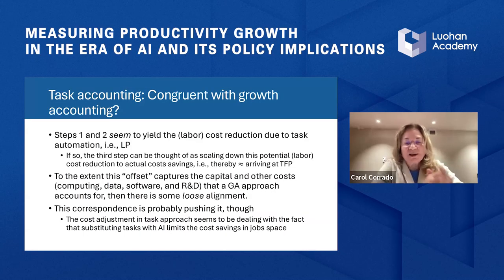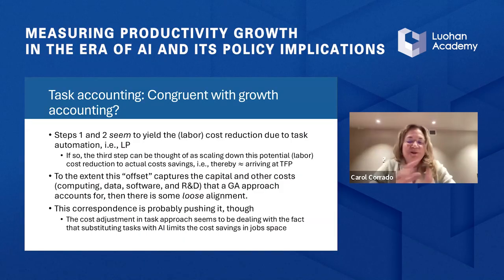So there's the costless gain, which is the new tool that enables a worker to be hugely efficient, and then you need to subtract off the cost of the capital that got you there. So they get an estimate of labor productivity and then subtract off the cost to get at TFP.